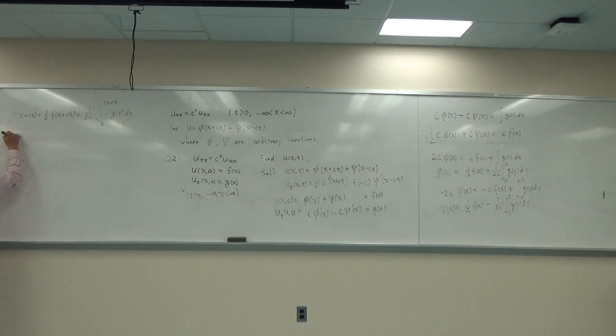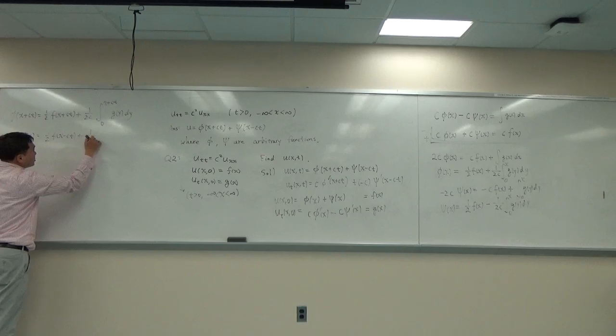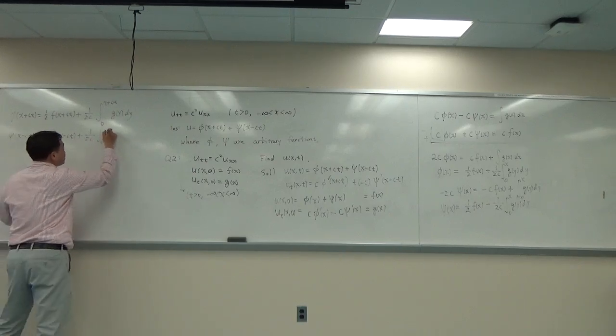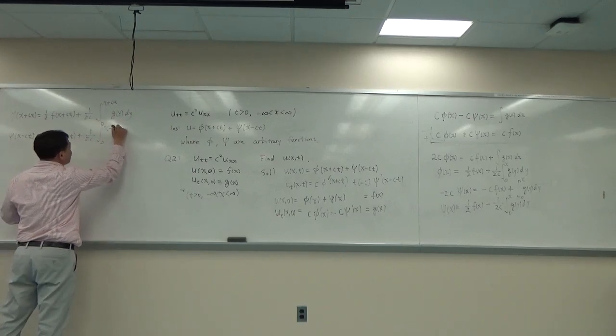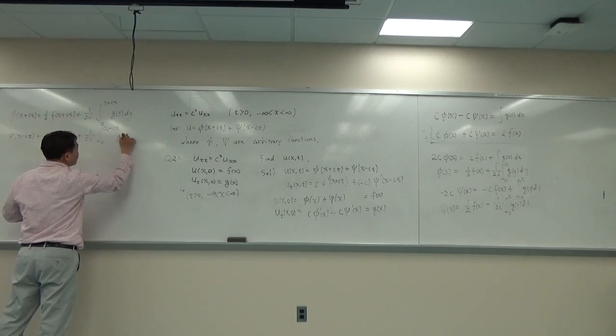And then psi of x minus ct, all I have to do is just take that, replace x by x minus ct, so you have 1/2 of f of x minus ct minus 1 over 2c, 0 to x minus ct, g of y dy.